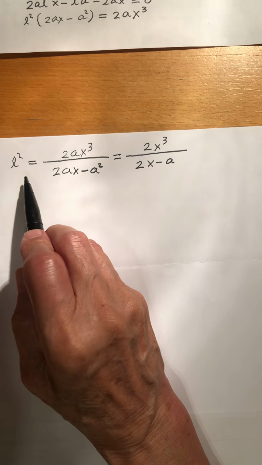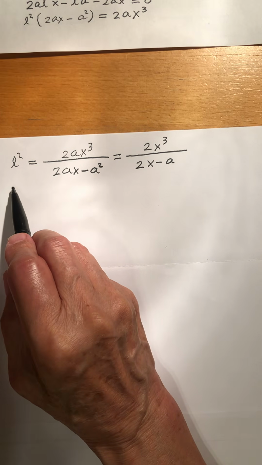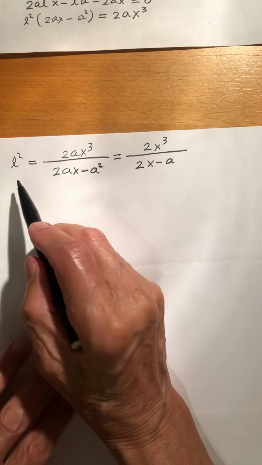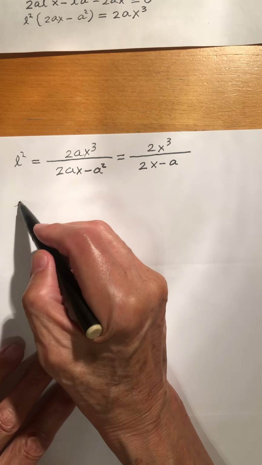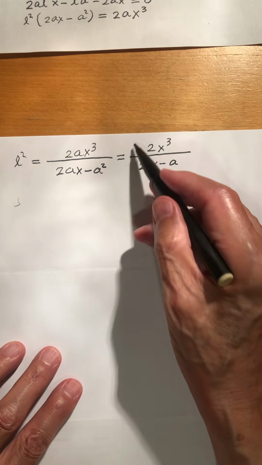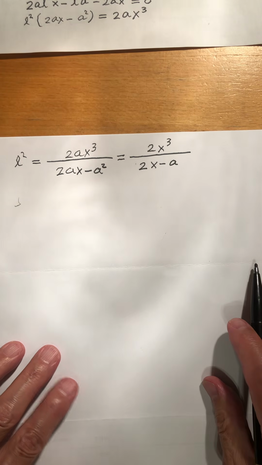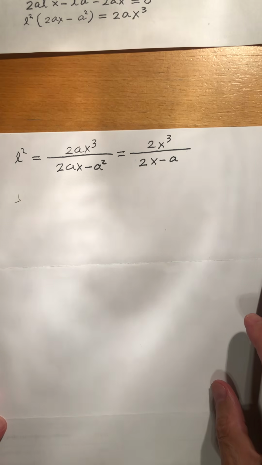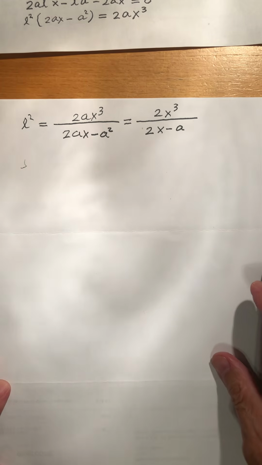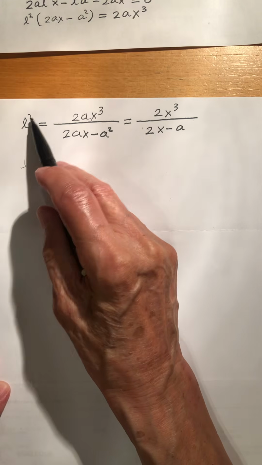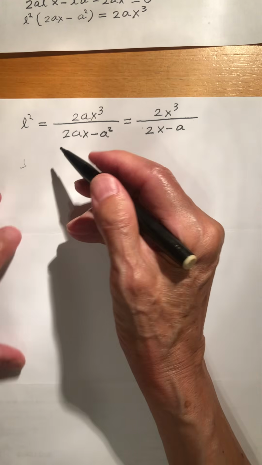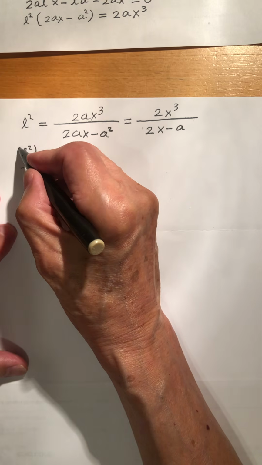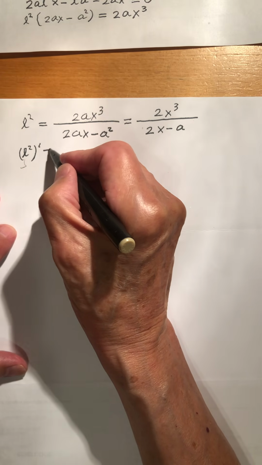But if the derivative of L is 0, then the derivative of L squared is also 0. So you do not need to write L is equal to the square root of this, and then do the derivative, and then let it be 0. It will be too long. So a shorter way is do the derivative of L squared and let it be 0. So the condition is the derivative of L squared should be 0.